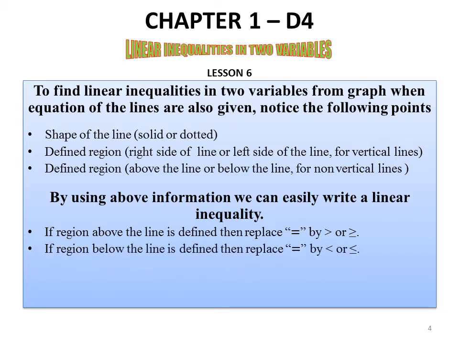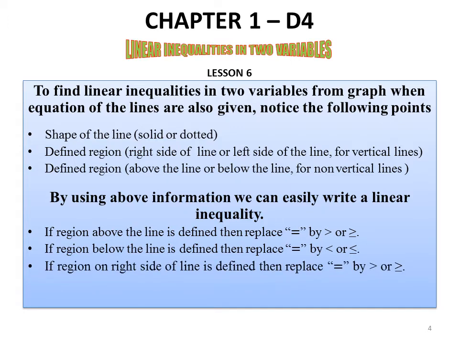If the region below the line is defined, then we will replace the sign of equality by either less than or less than or equal to sign. Less than or greater than sign for a dotted line, and less than or equal to or greater than or equal to sign for solid lines. In case of a vertical line, if the region on the right side of the line is the defined region, then we will replace the equality sign by greater than or equal to sign.